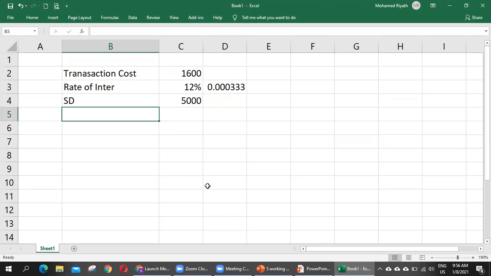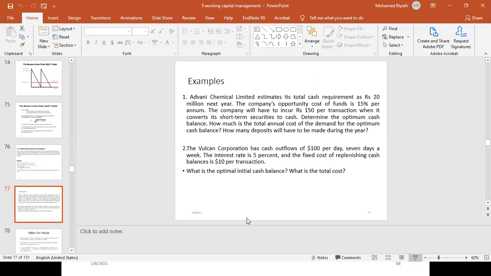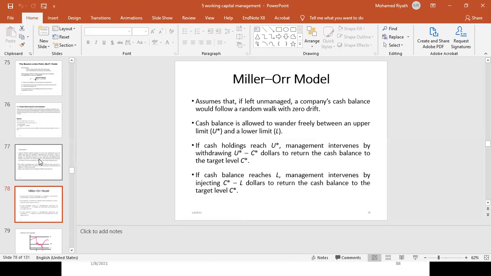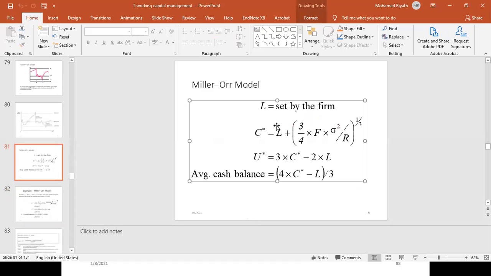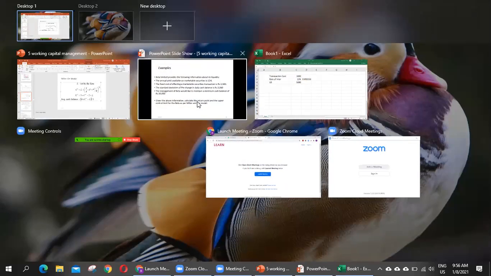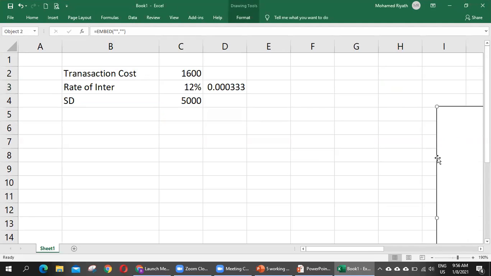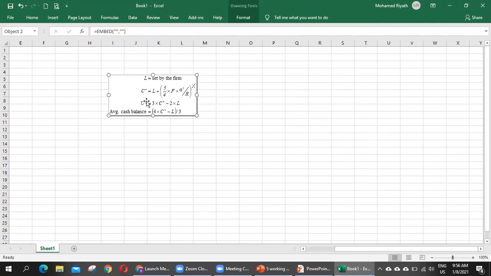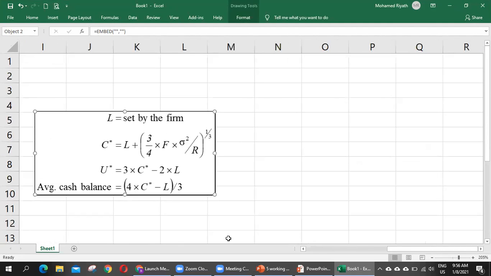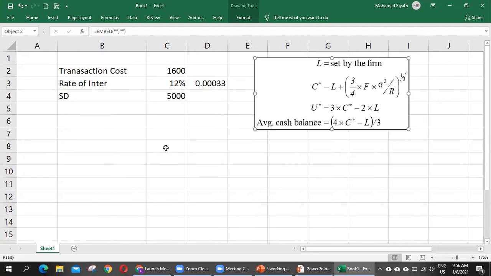First, what's the equation here? This is the equation. Right, C equals how much?